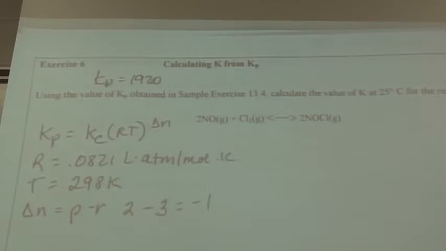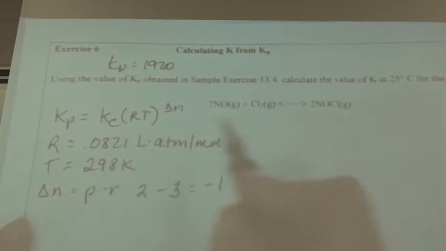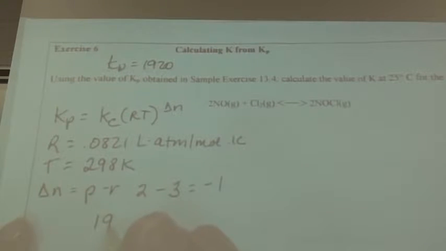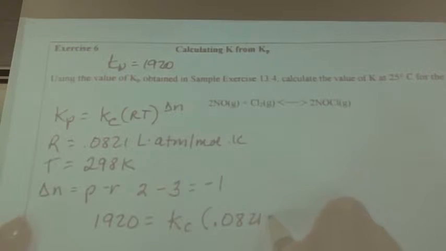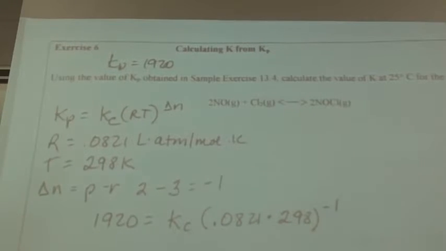Delta N is -1. So substituting in, 1920 is equal to Kc times the gas law constant times temperature raised to the -1 power. And I did my math in little baby steps.